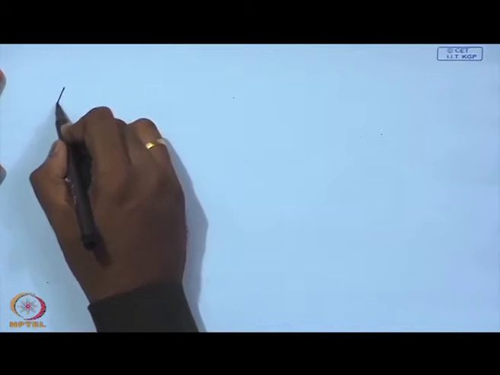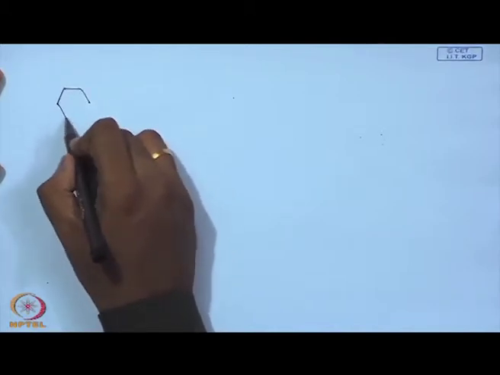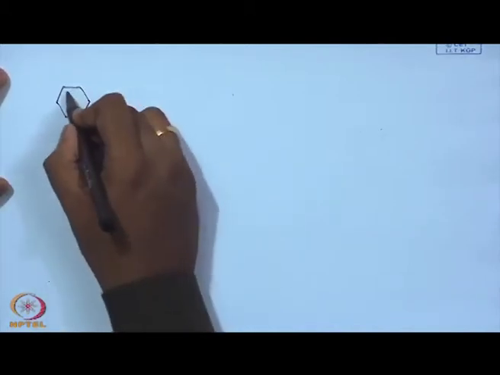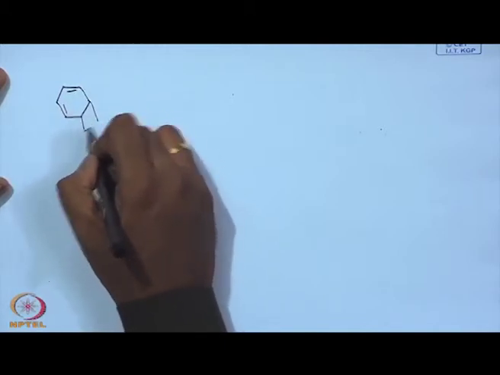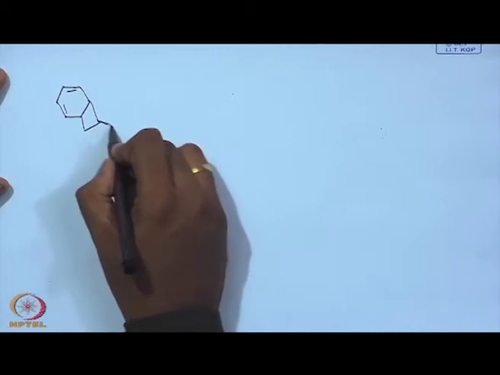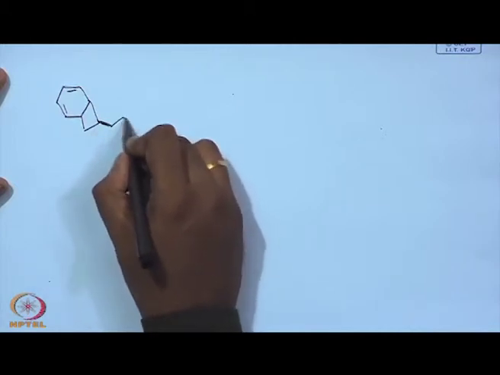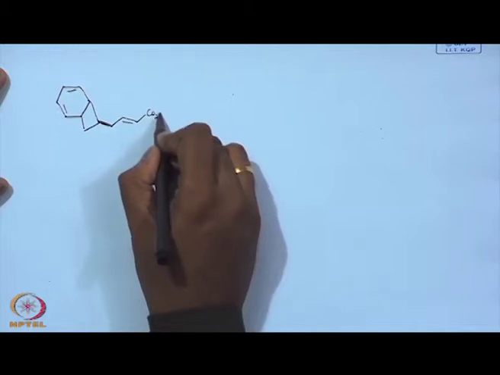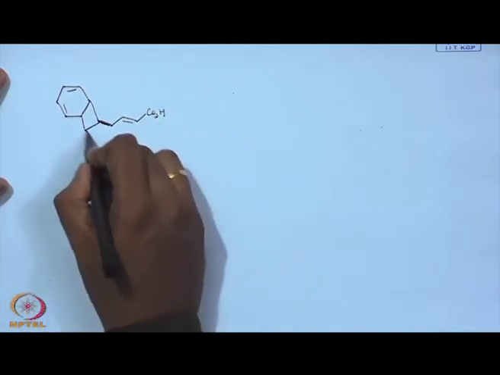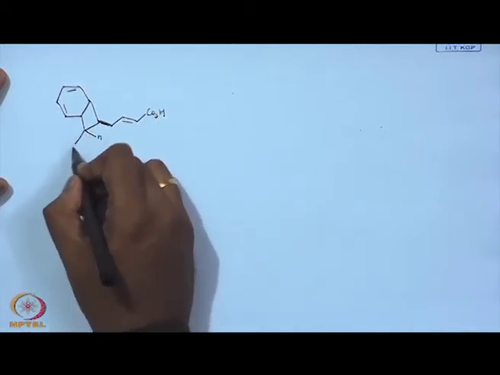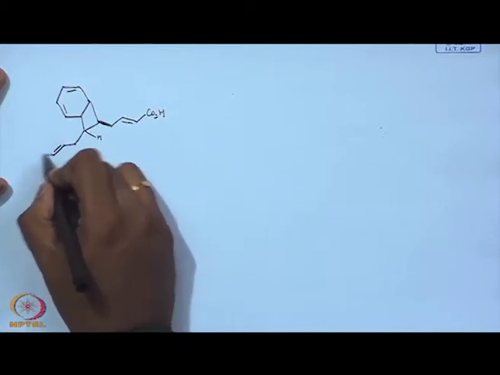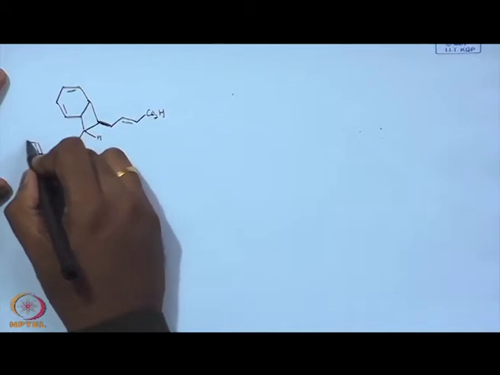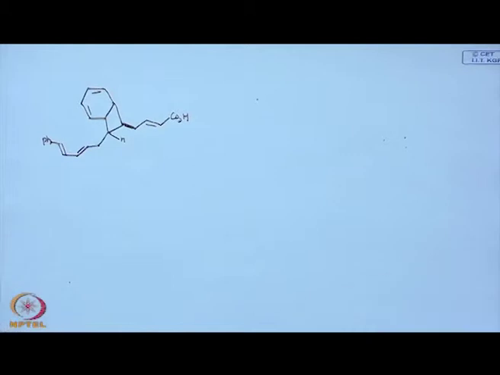So how was the structure? So this is, in this case you have carboxylic acid outside, you have nitrogen here, you have phenyl here, phenyl here.